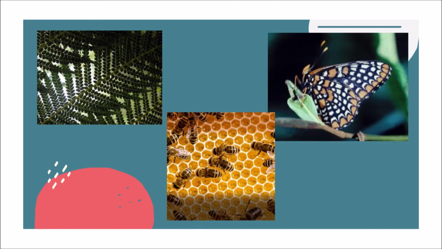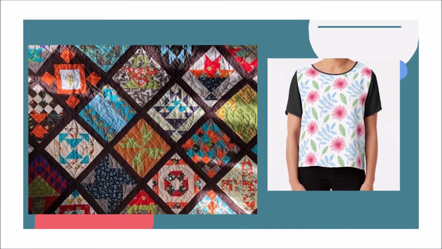Let's look at some of these things found in nature that have patterns, like leaves, beehives, or even bees, with the stripes on their back, and butterflies have patterns. We can find patterns in man-made things as well, like patterns in quilts and patterns in shirts.